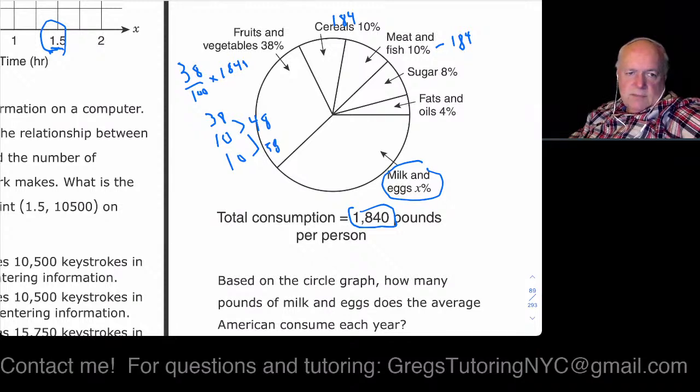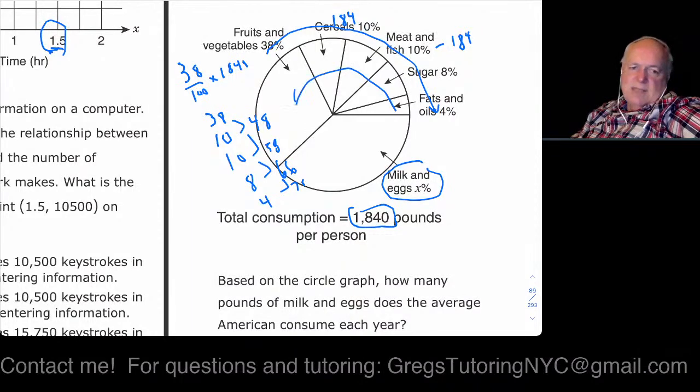That's 8. So now we have 66. And then we have the fat and oils, which is 4. So then we get 70. All I did was go around this clockwise and add those numbers up. I would double check this by going backwards and adding the numbers up backwards just to see that you get that 70 again. That means milk and egg is 30%.